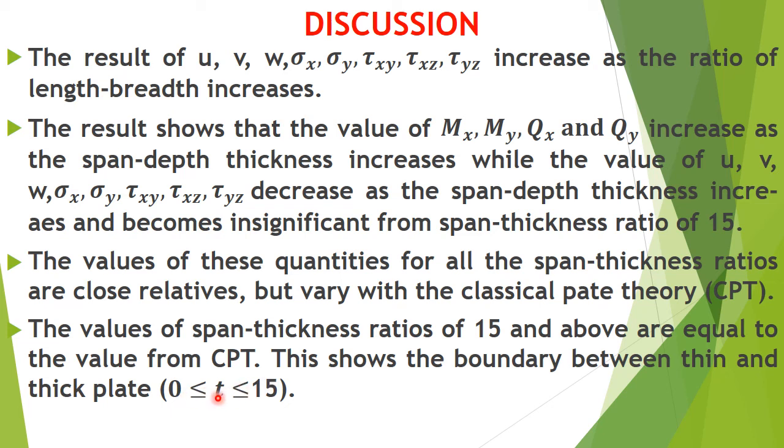So this shows the boundary: from a span to thickness ratio of 4 to 15 can be called a thick plate, but anything from 15 upward can be referred to as a thin plate. That is one of the discoveries of the work.